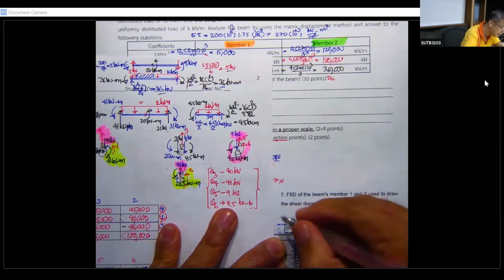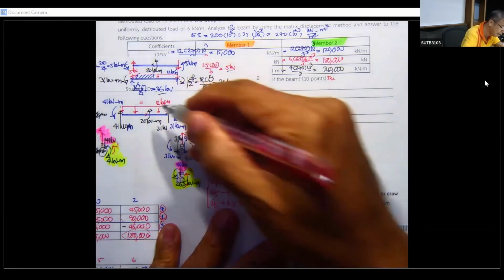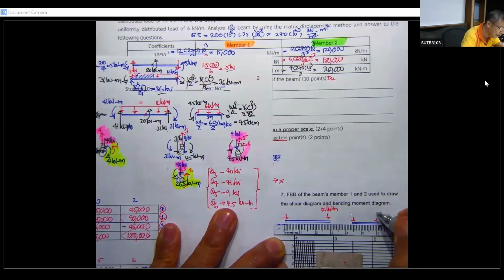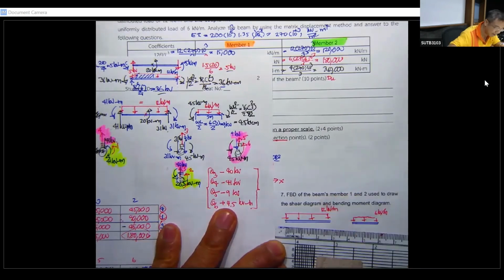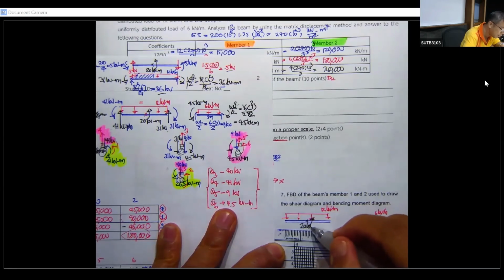This one is subjected to a uniformly distributed load of 12 kilonewton per meter. This is 6 kilonewton per meter, and then you also have the moment 20 kilonewton meter.